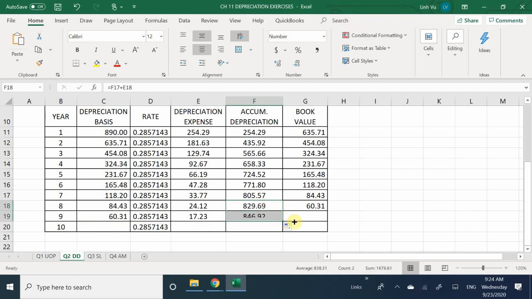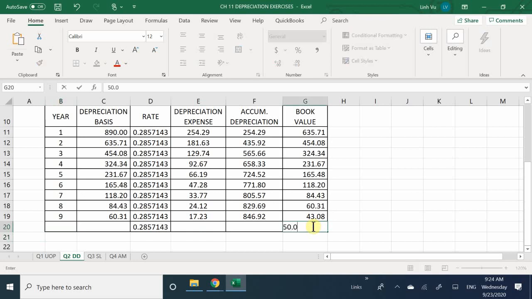All right. So in this case, we reached year 9 with this machine. But we can't have a year 9 existing at $43 and 8 cents. We need to change this to 50. Okay?